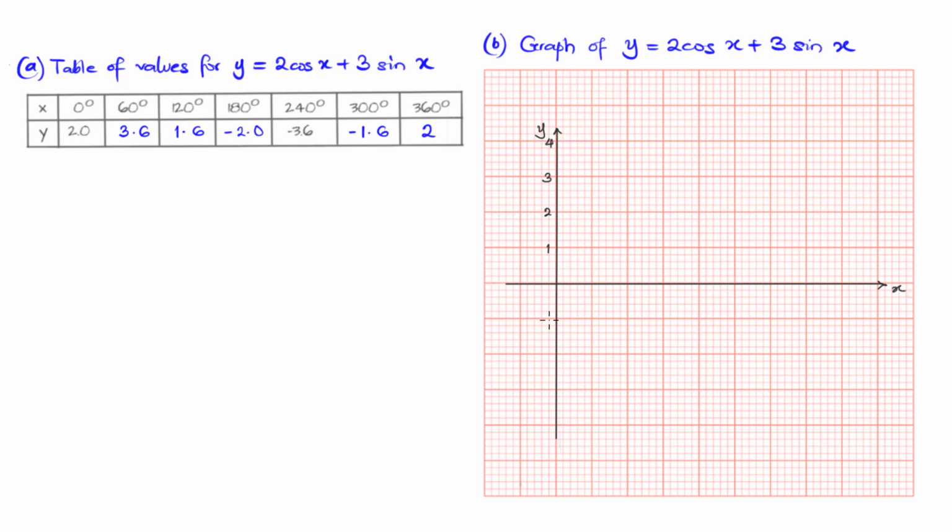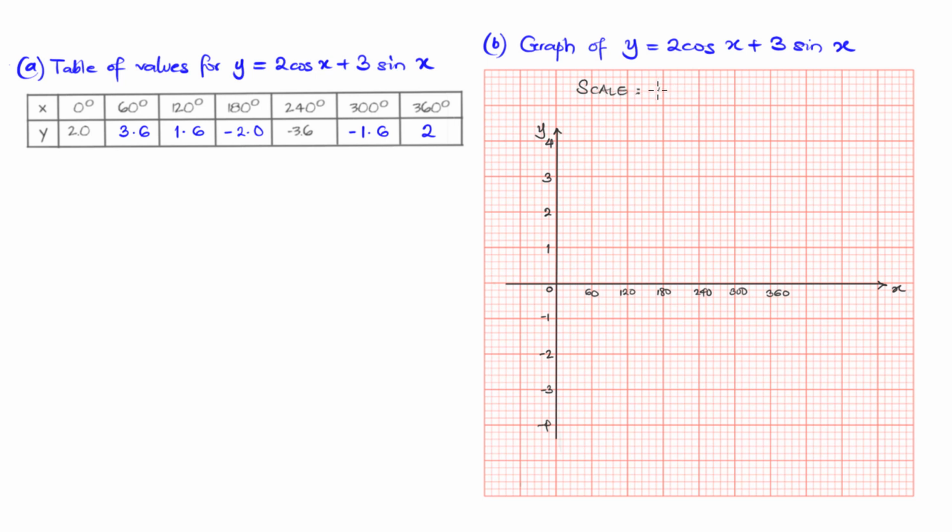We have plus 3.6 as the highest value. We have minus 3.6 as the lowest value. So we need to scale that evenly above and below the horizontal axis. So using the scale that we are given, 2 centimeters to represent 1 unit on the y-axis, then 2 centimeters to represent 60 degrees on the x-axis.